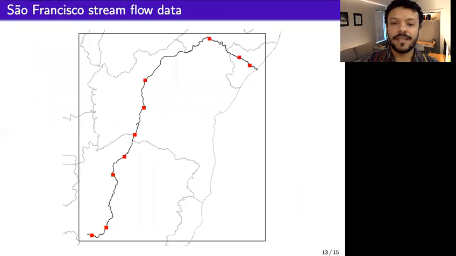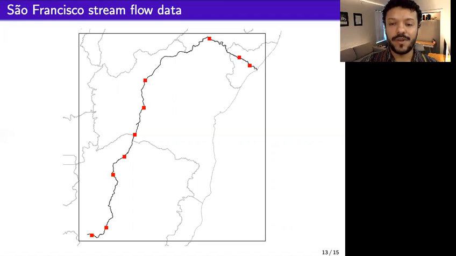And now, finally, if we go back to our original example regarding the São Francisco streamflow data, the question that we want to answer here is, can we decompose this d-dimensional vector into smaller blocks of independence?